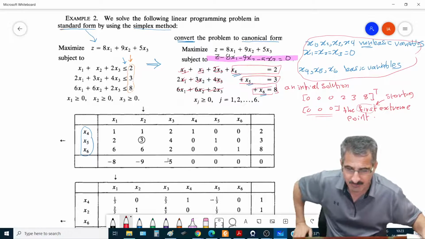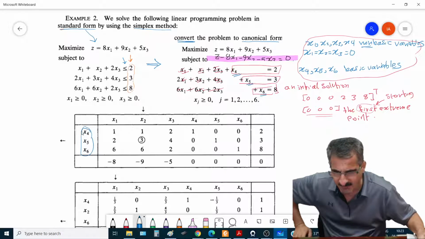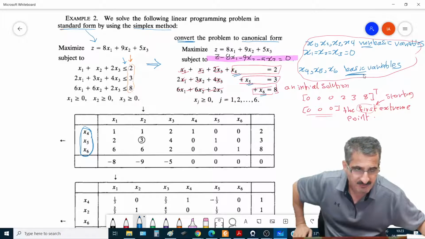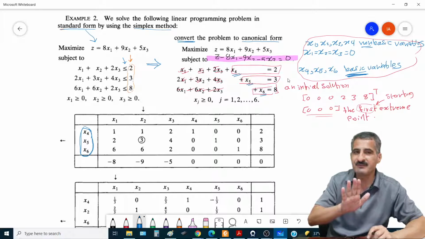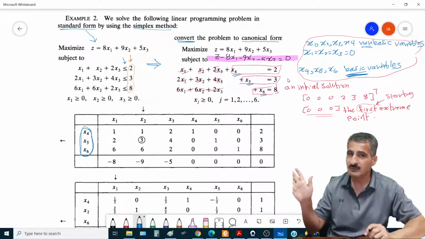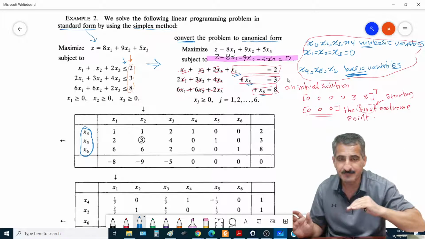Okay, how do we do that? Now let's go back. This is why x4, x5, x6 are here, because we chose them as basic variables. Now the idea: I want to take one of the basic variables away and consider it not basic anymore, and make one of the non-basic variables basic.